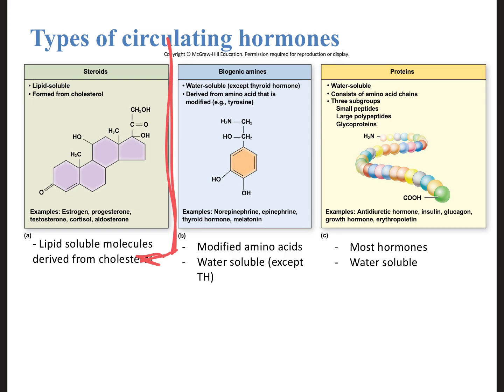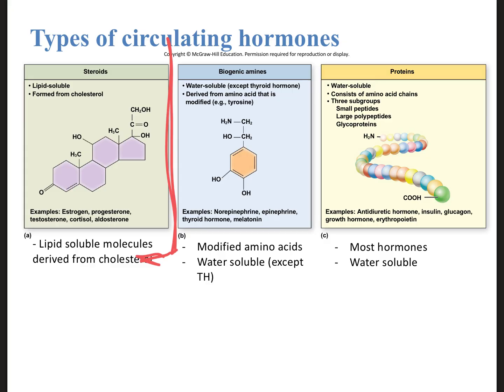Lipid soluble hormones are derived from cholesterol. That's the structure of cholesterol, and these three 6-member rings and a 5-member ring are the backbone for progesterone, testosterone, and estrogen.